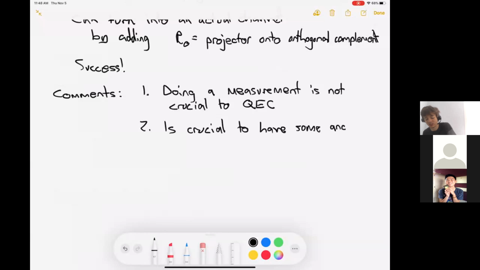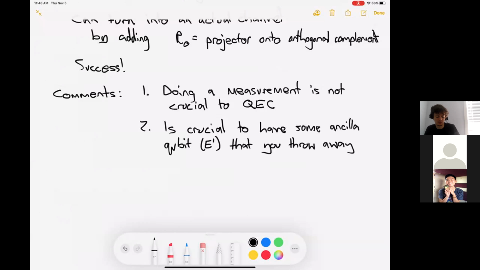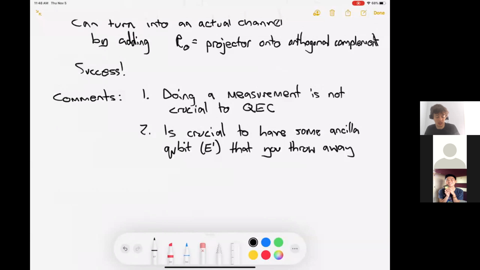They're often called ancilla qubits. They're the things I called E prime in the calculations above, that you throw away during the quantum error correction.